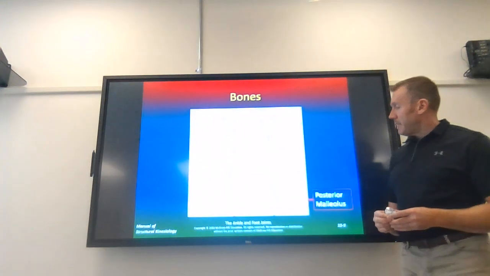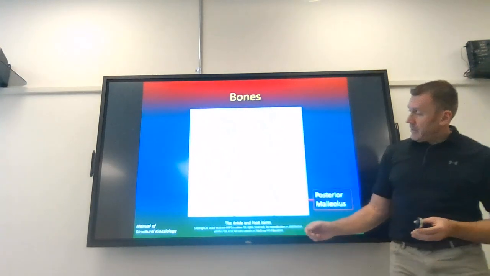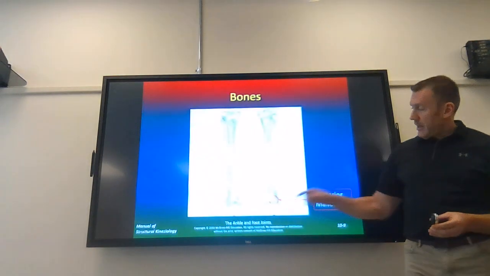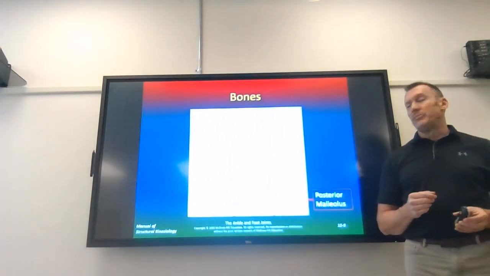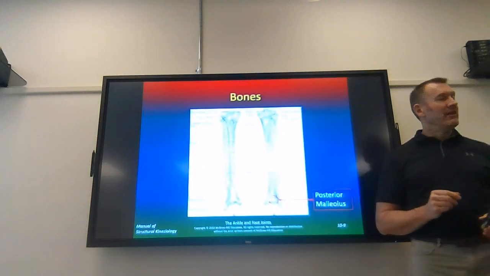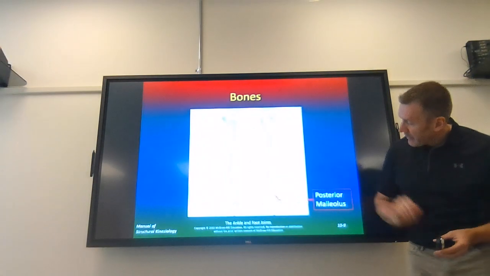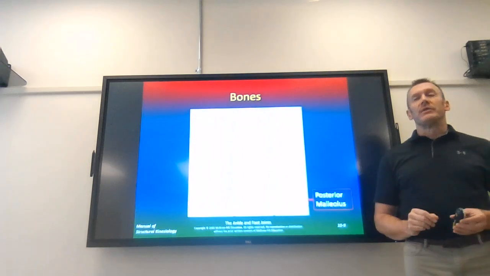Something else that we don't talk a whole lot about, we talk about the very prominent malleoli on the medial and the lateral side, but another less recognized malleolus would be on the posterior tibia. So we call that the posterior malleolus there, with just a little bit of thickening near where the articulation is with the talus.